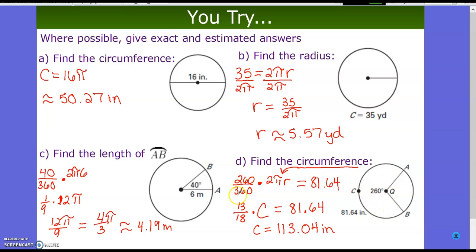I'm going to say 260 divided by 360 times, we would do 2 pi r, so we could figure out the radius. But here our question just asked you for circumference, and the formula for circumference is 2 pi r. So that's really what we're looking for, that whole value here. So I replaced the 2 pi r with C for circumference, and then just solved for that.